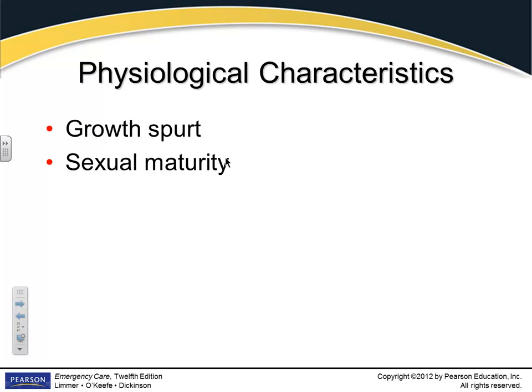It typically comes first in females as opposed to males, and the males tend to develop slower in these regards also. So these are some of the things you're going to see.